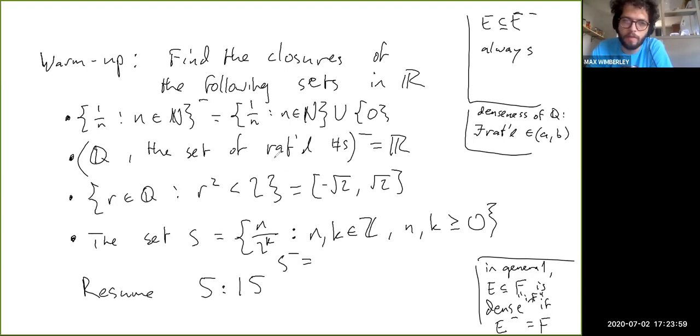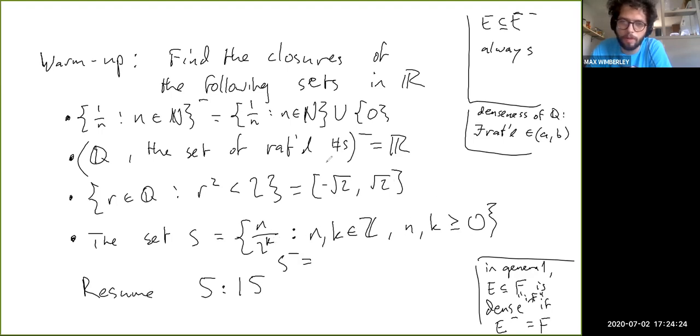So it's the same phenomenon as Q. Q is dense in the sense that no matter how small an interval you look at, there's still a bunch of rational numbers in there. The same thing is true for this set. If you pick a really tiny interval on the number line, just by making k super big, you'll still find a bunch of these numbers inside of that interval, right?